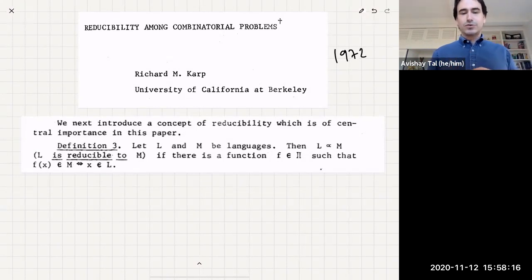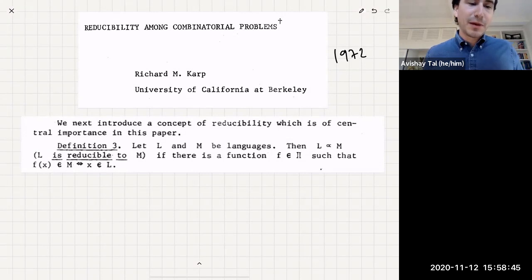Now he's at Toronto. But it was also proved in the USSR by Leonid Levin, now also a professor at, I think, Boston University. So it was proved sort of independently, on both continents.